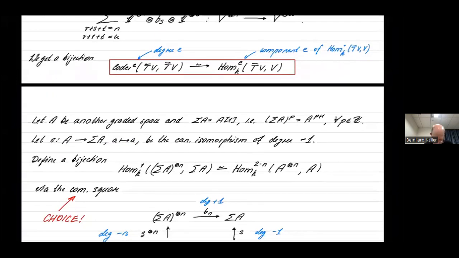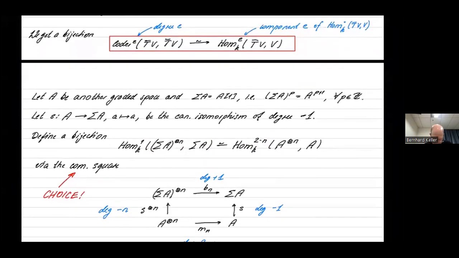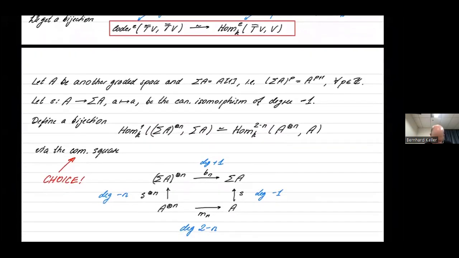And now we get a bijection between graded linear maps of degree 1 from the nth tensor power of sigma A to sigma A, and graded linear maps of degree 2 minus n from the nth tensor power of A to A in this way.